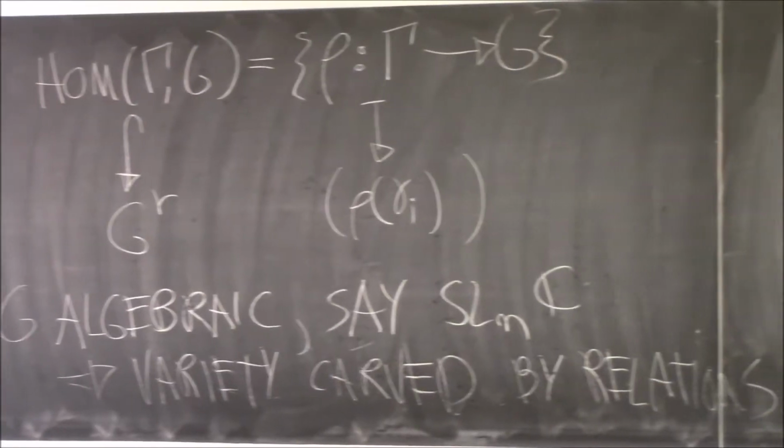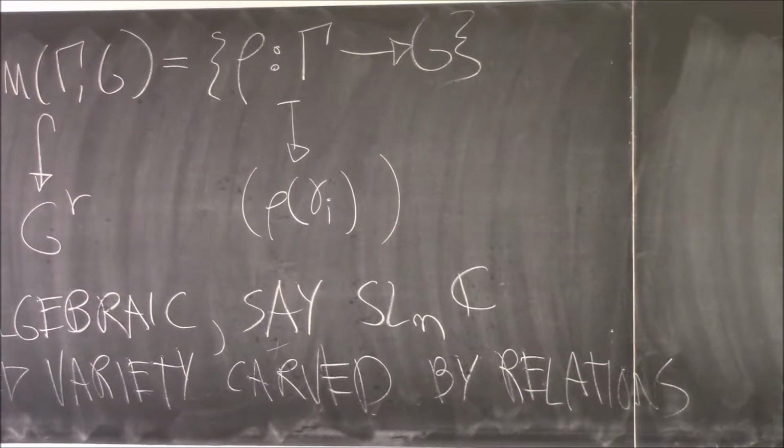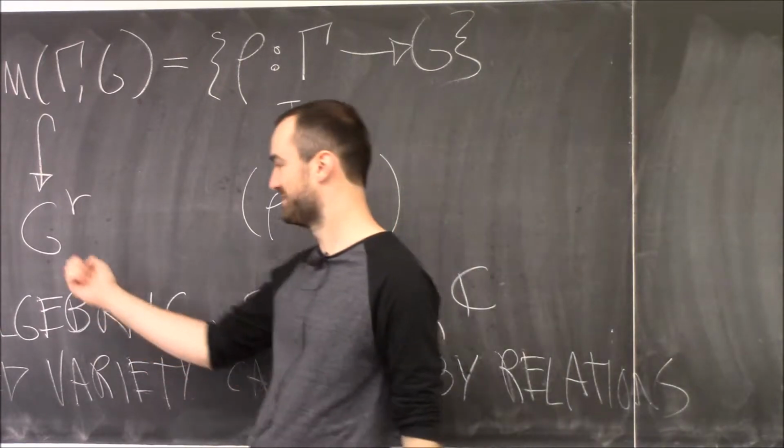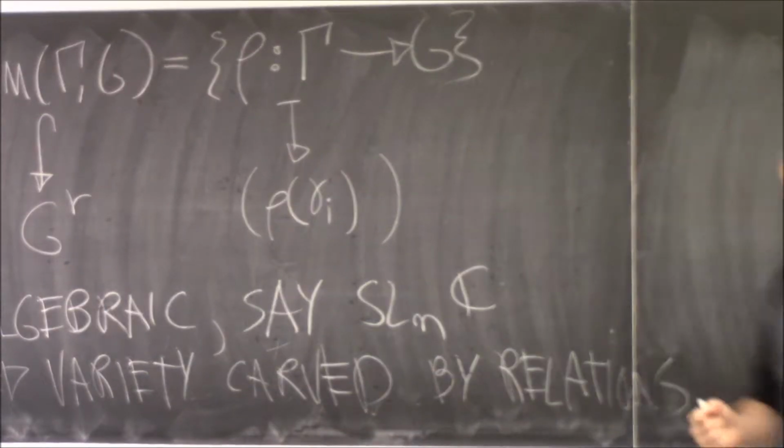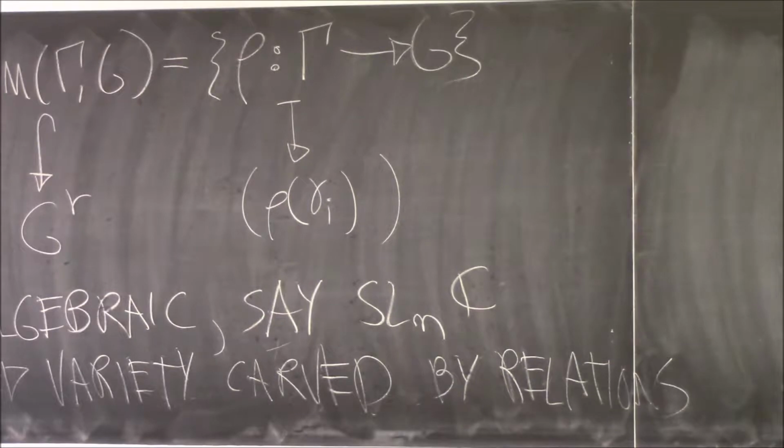What do I mean by that? Well, gamma is generated by gamma_1 through gamma_r, and then there are some relators, and those relators are polynomials. Essentially what you're looking at is r-tuples of elements of the group G that satisfy those relators. Since those are all polynomials, I get a genuine variety.